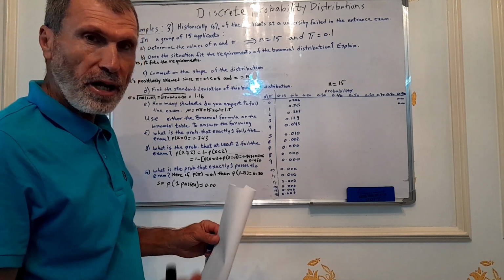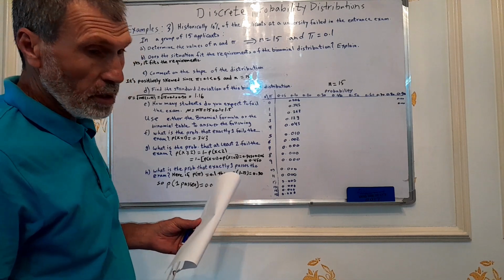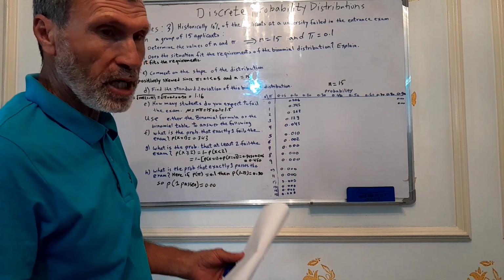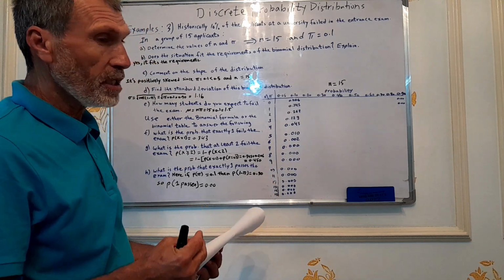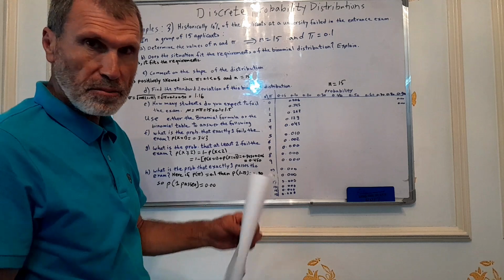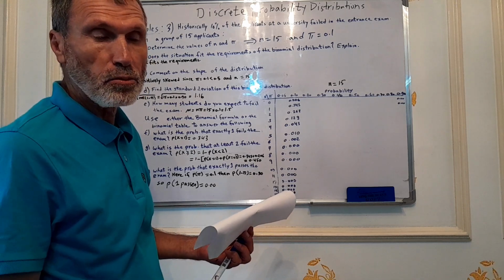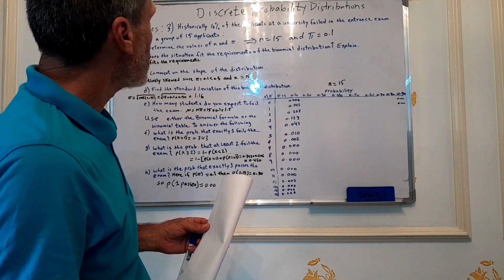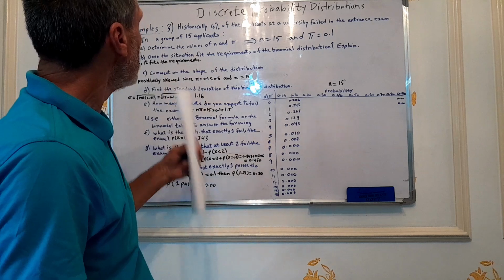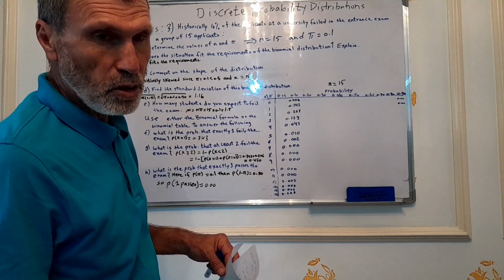And also, the outcomes are mutually exclusive. You can't have an applicant fail and pass at the same time. Therefore, the situation here fits the requirements of a binomial distribution.